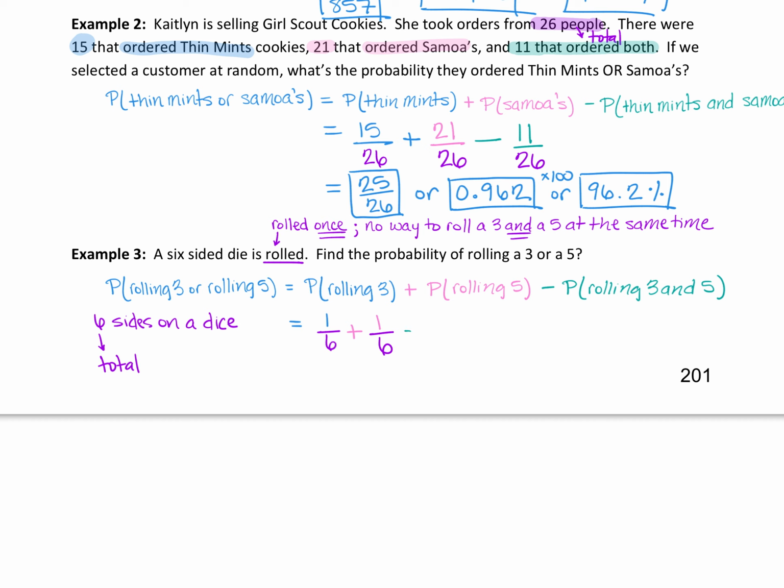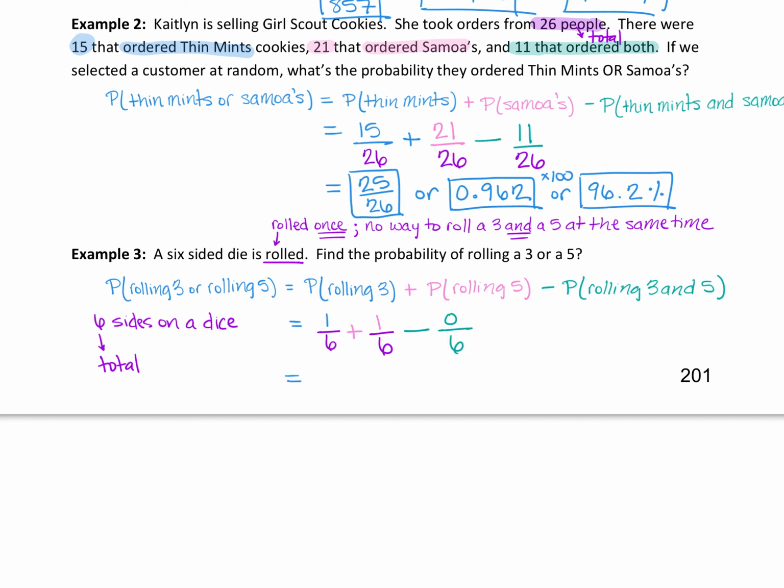And then we have to subtract out the probability of rolling a 3 and a 5. Well, since we only have one die and we're only rolling it one time, there is no way to roll a 3 and a 5 at the exact same time. So that's 0 out of 6 times.